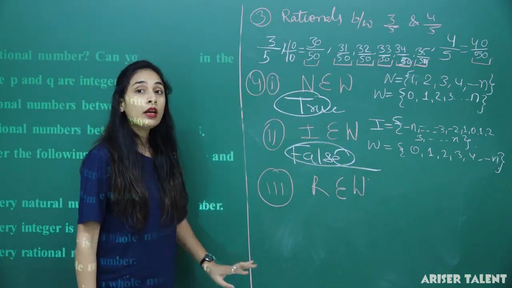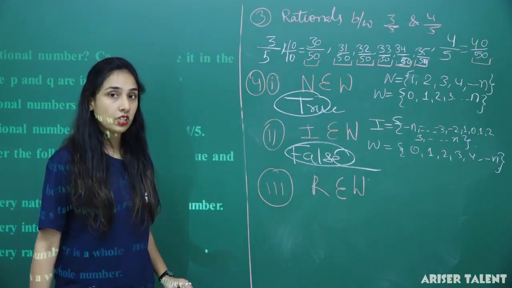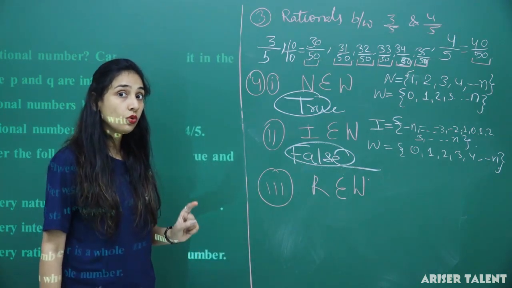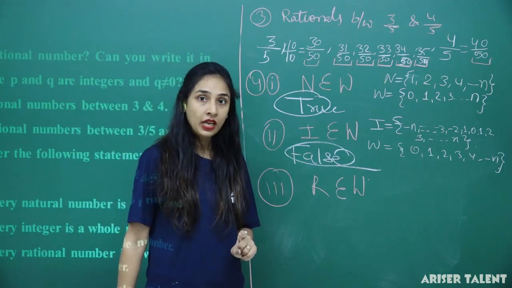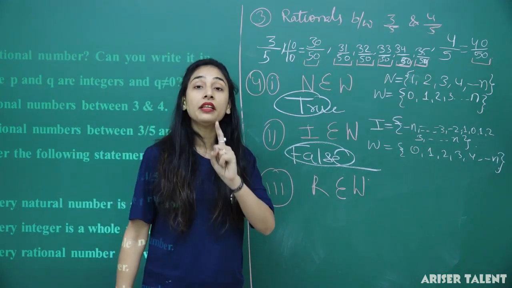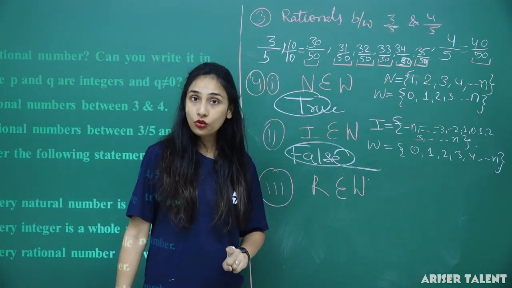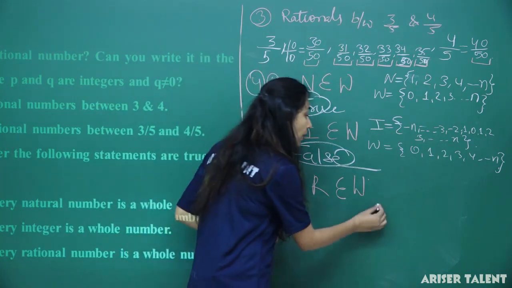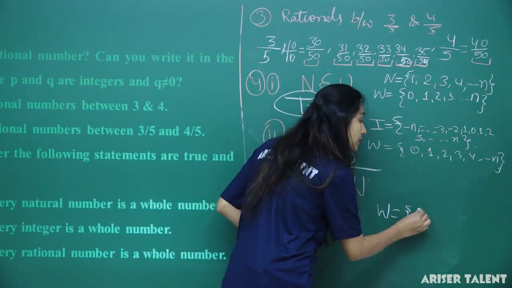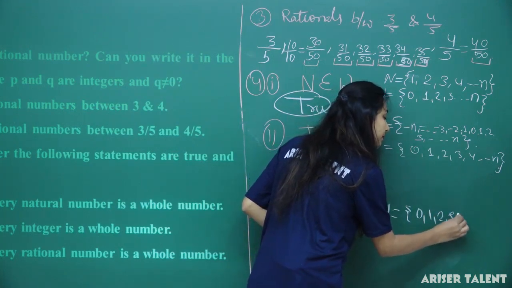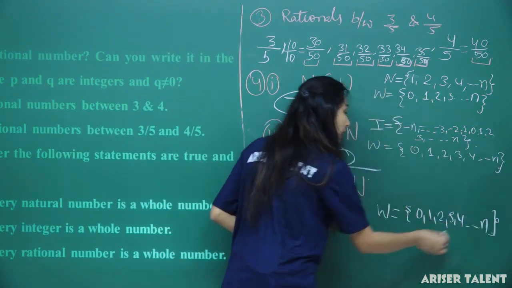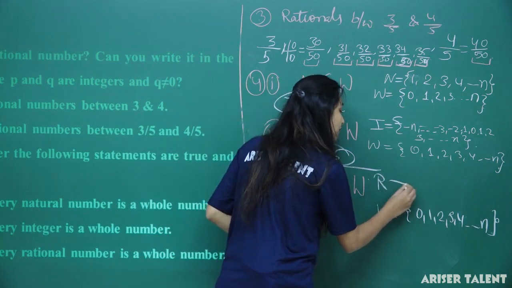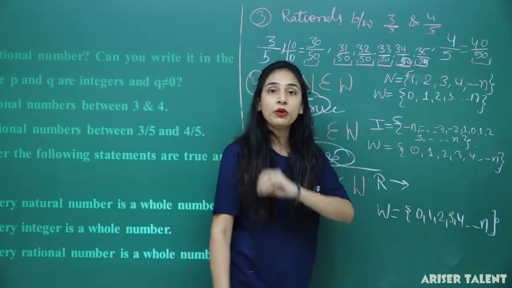Now the third one. Every rational number is a whole number. Now what is a rational number? A rational number is a number that can be written in P by Q format. Now whole numbers are again 0, 1, 2, 3, 4, 5 and so on till n. If I talk about rational, all these are rational numbers, no doubt.